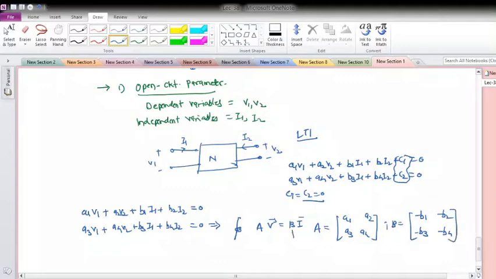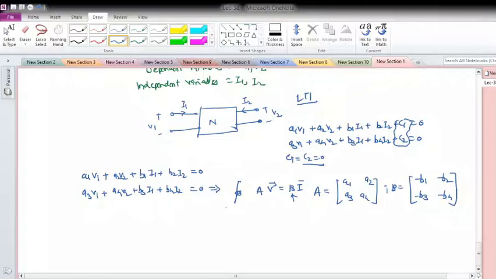For convenience, I have written B as a positive matrix. V bar will be V1, V2, and I bar will be I1, I2.